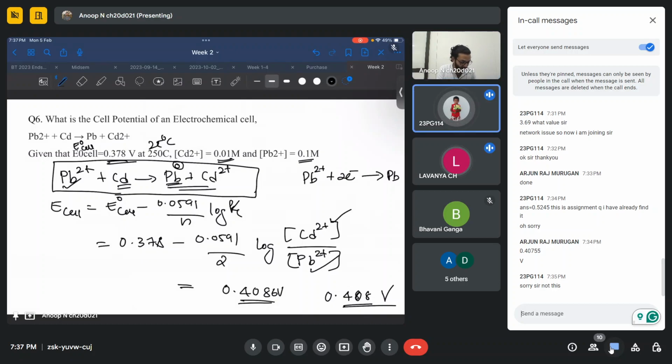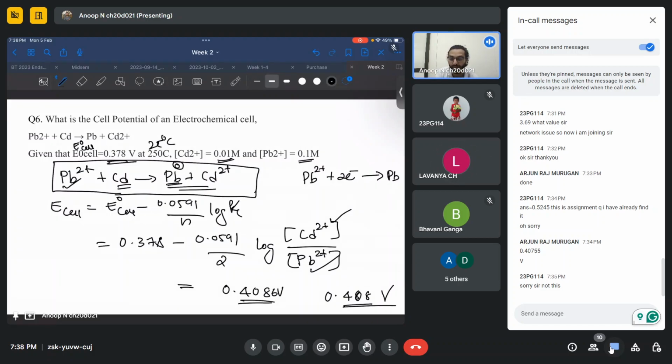What's the value of log 10? It's straightforward, right? It's log 10 raised to minus 1. How can you write that? You can take the minus outside.